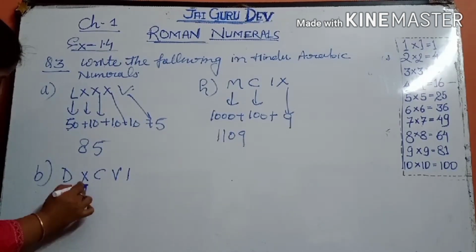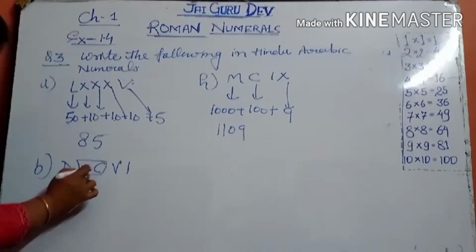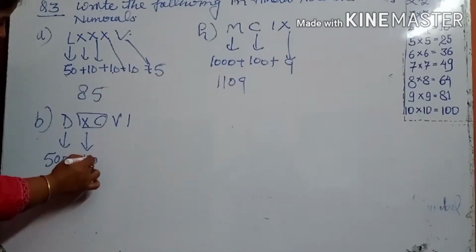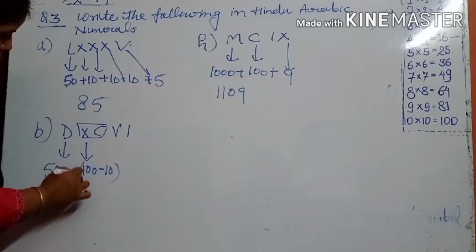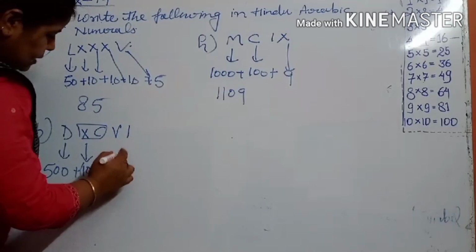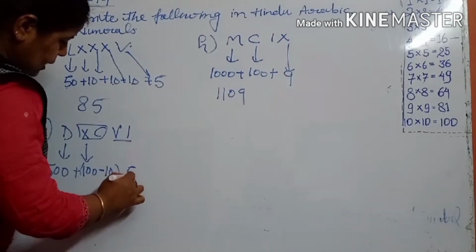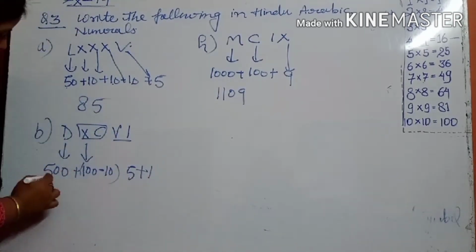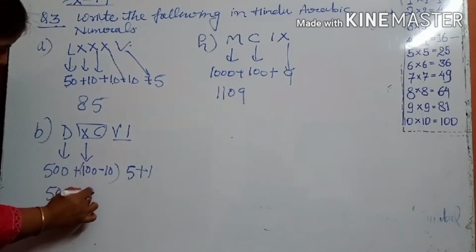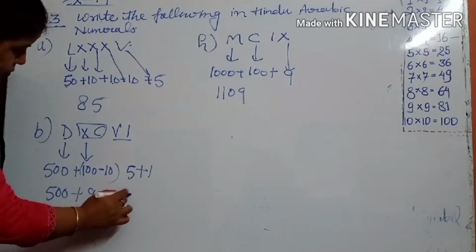XC: you can see the greater value is on the right-hand side, so it will be 100 minus 10. XC means 100 minus 10. VI means 5 plus 1. You can see 500 plus 100 minus 10 is 90, plus 5 plus 1, 6.